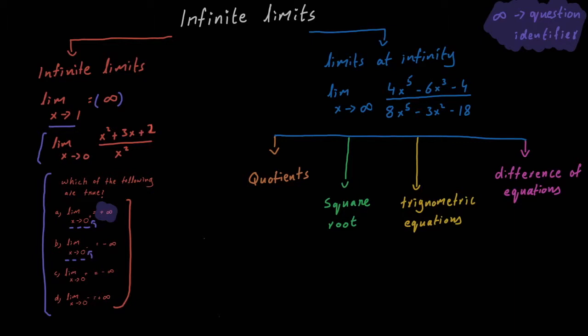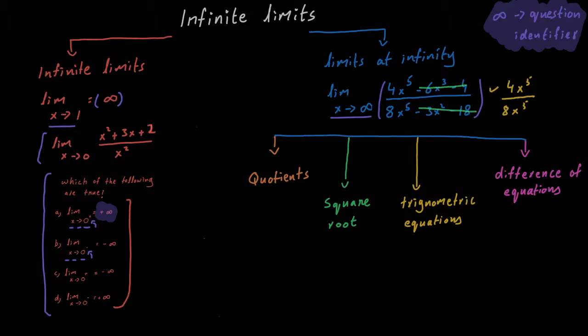Now the other type of question is where x is approaching infinity of some equation. For such questions, our technique is simple. We simply look at the equation, and from the numerator we pick up the highest power. So the highest power is 4x to the power 5, and from the denominator we pick up the highest power. The highest power is 8x to the power 5, and we simply ignore the rest.